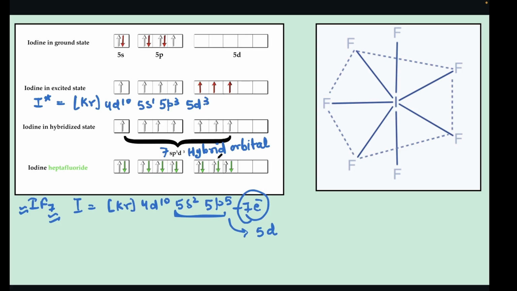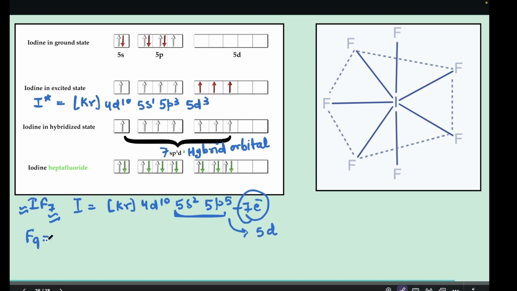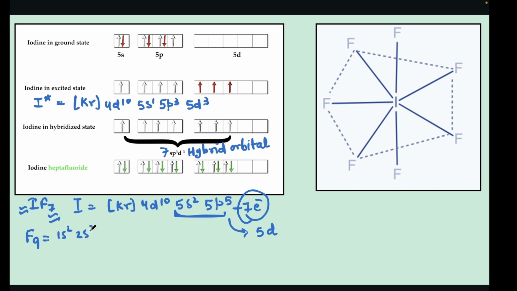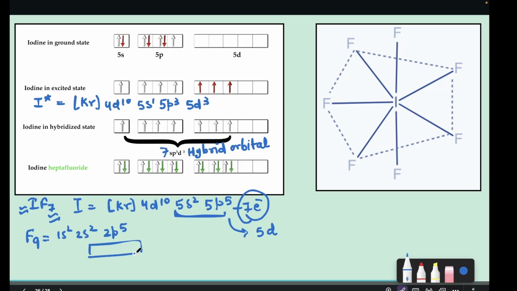Now these hybrid orbitals overlap with the 2p orbital of fluorine atoms. In case of fluorine, its atomic number is 9, so its electronic configuration is 1s2, 2s2, 2p5. So there are 5 electrons in p orbital, 1, 2, 3, 4, 5.